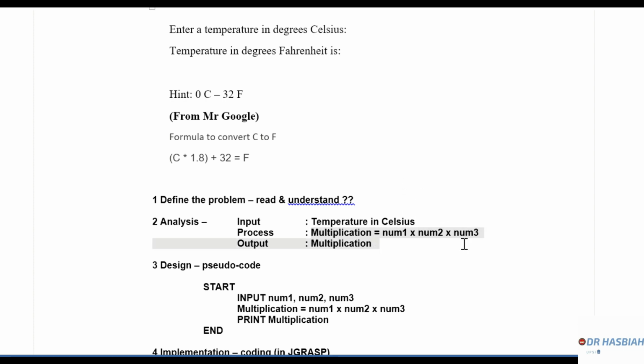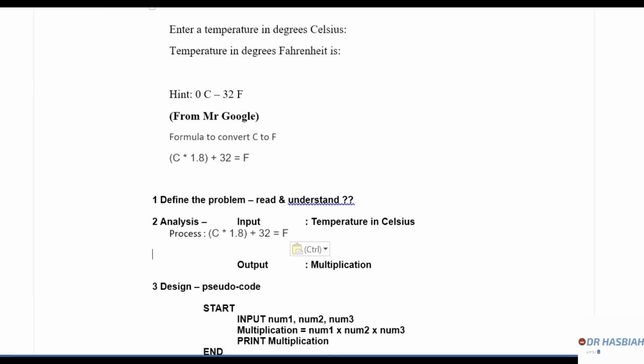So we change a little bit here. We use this formula. I just copy the formula there, how to convert Celsius to Fahrenheit, and I paste. So this is the process.